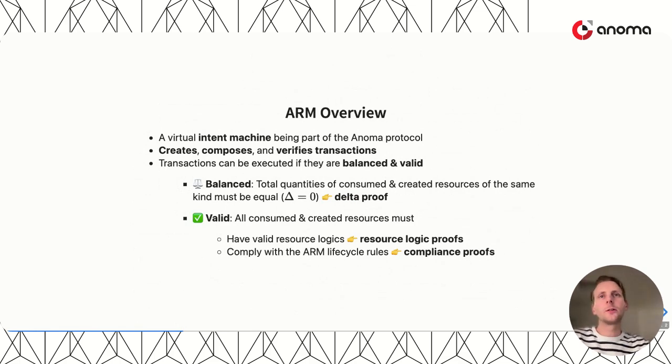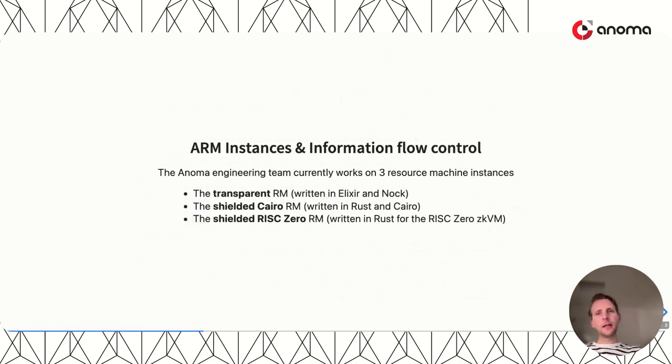Yeah, so this is the Anoma resource machine, and the Anoma engineering team is currently working on 3 resource machine instances: a transparent resource machine that is written in Elixir and Nock, and 2 shielded machines, one in Cairo and one in RISC-0, that people can use when sending transactions.